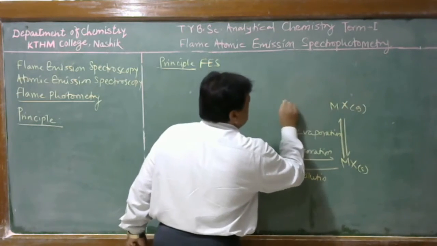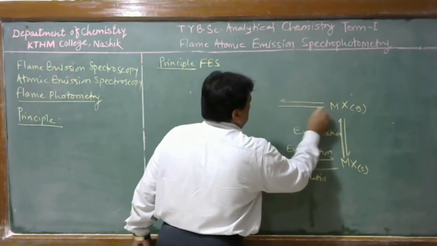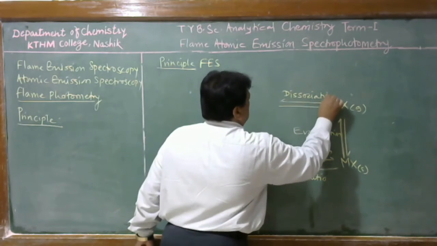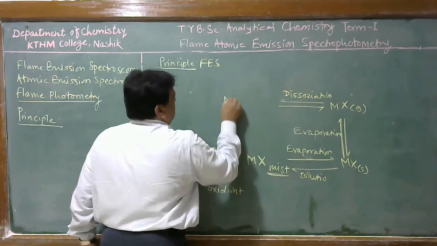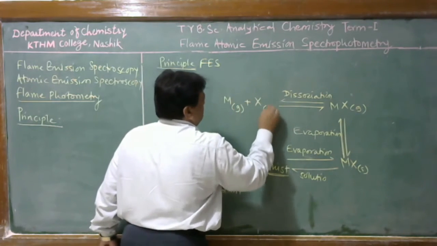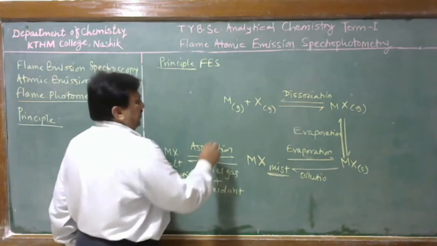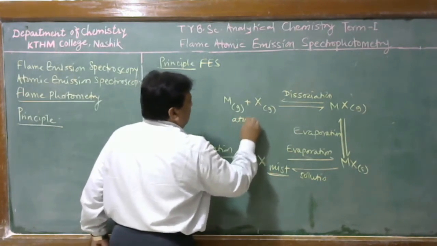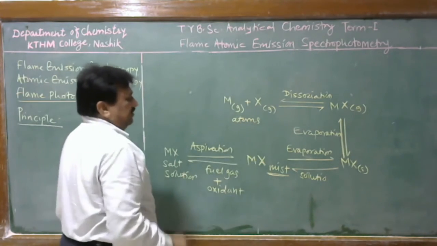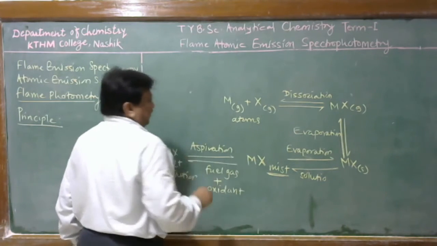This MX gas is further dissociated to M gas plus X gas. That means here gaseous atoms are formed. These are the atoms, not ions. When this solid dissociates, it converts into the gaseous atoms.